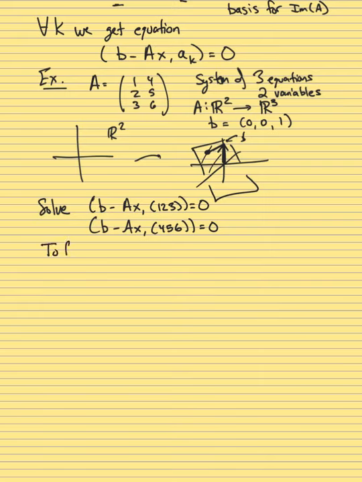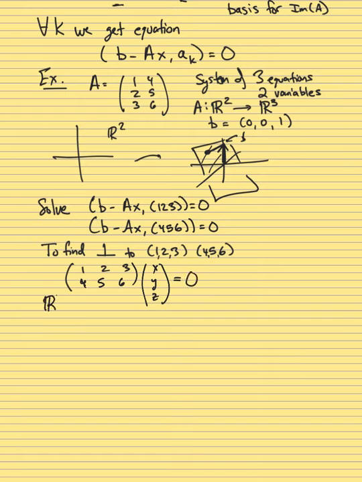The dot product with each of these two vectors is a linear equation. What you're exactly finding is a solution to the matrix [1, 2, 3; 4, 5, 6] times (x, y, z) equal to 0. Now this is going from R3 to R2, and of course we know this is just the transpose of the matrix.